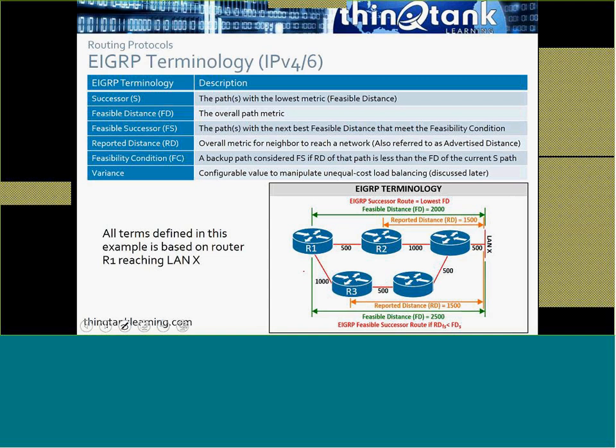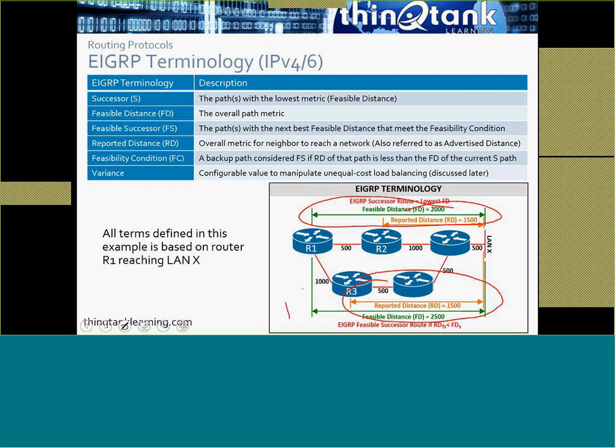So let's continue on. The feasible successor path, the backup path, is valid if the reported distance is less than the feasible distance of the successor. Okay? 1,500 is less than 2,000. Agreed?